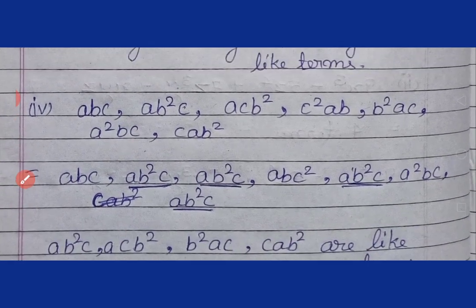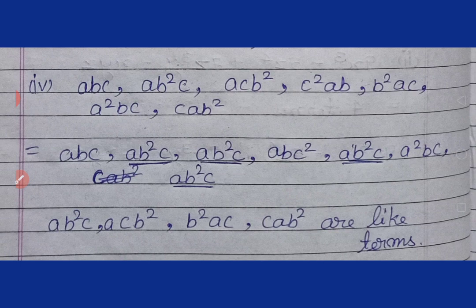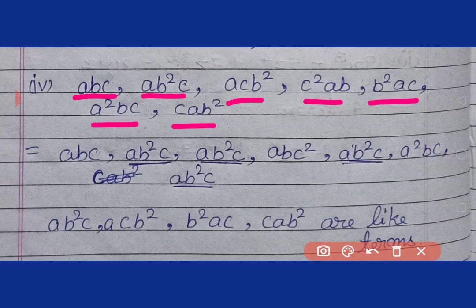In the next question, it is very difficult to understand, so I am interchanging the places of the letters inside the terms. So abc in the first, ab²c, acb², c²ab, b²ac, a²bc and cab². In the first, abc, no term is given where only one power is given over a, b and c. In the second, b² is given, a and c are given.